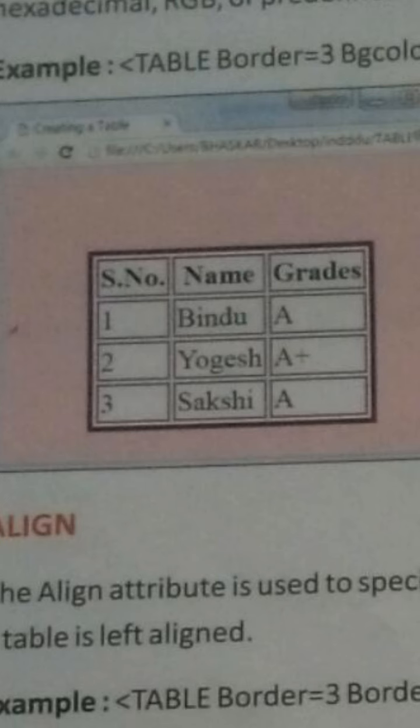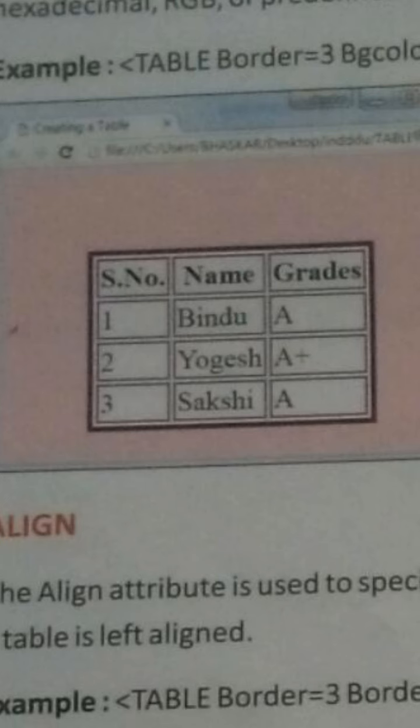If you want to print the border in the table, there is one attribute of the table tag, that is the border attribute. You can specify the border of the table by using the border attribute.